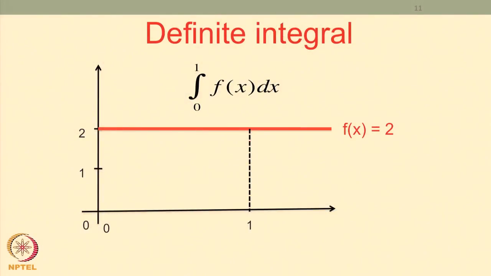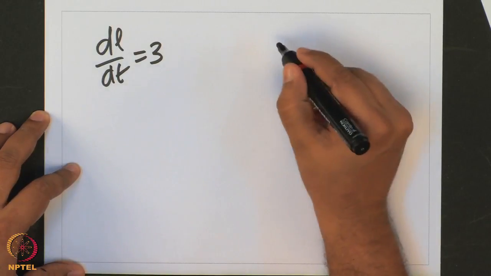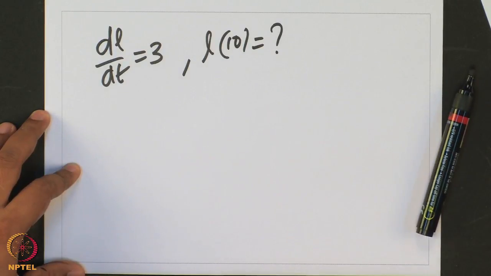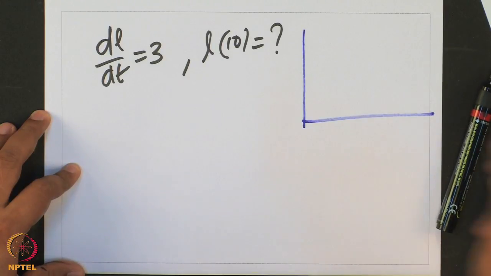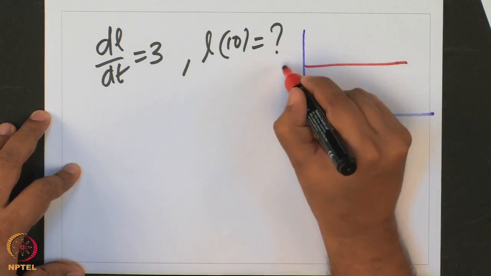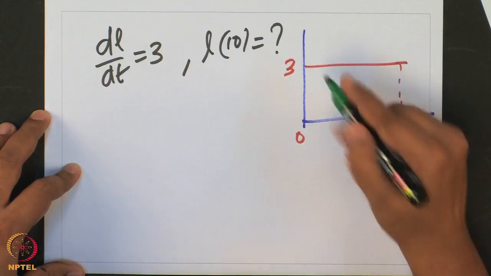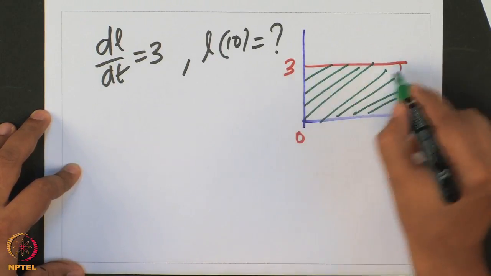Let us say this once more slightly differently. So what we have is dl by dt, and we wanted L at 10. This is what we want to calculate. To do that, we plotted the function 3 from 0 to 10, and we calculated the area under this curve, which is the function 3.